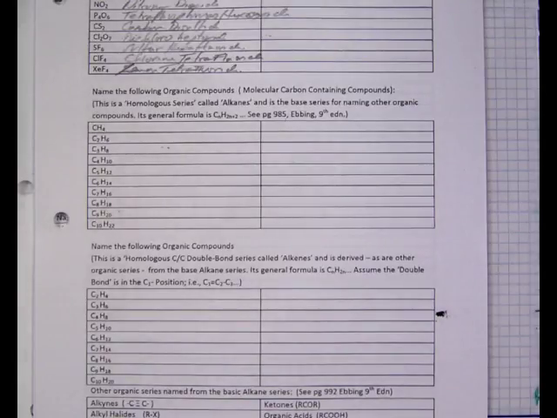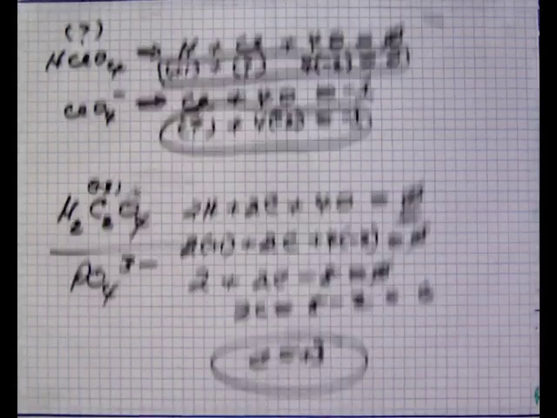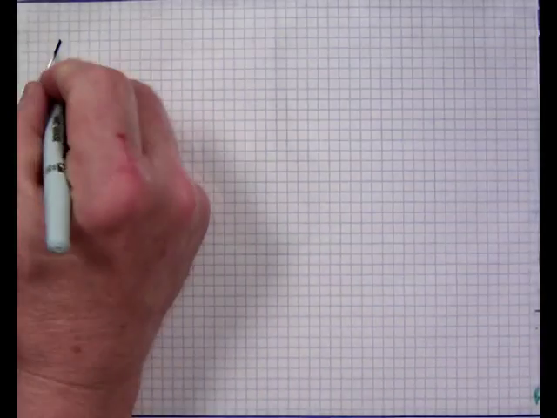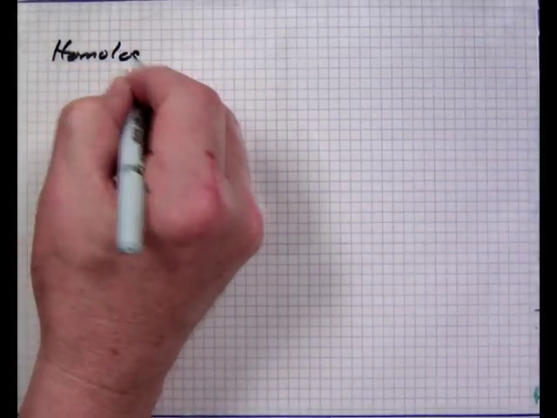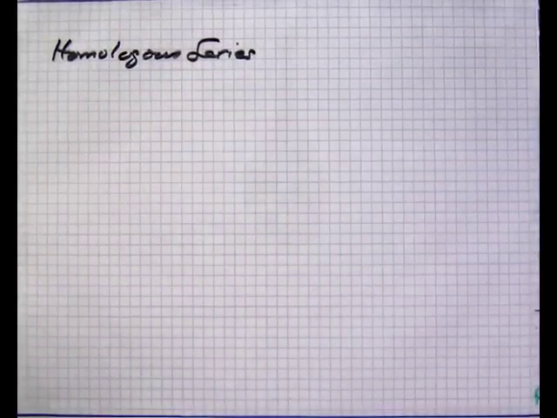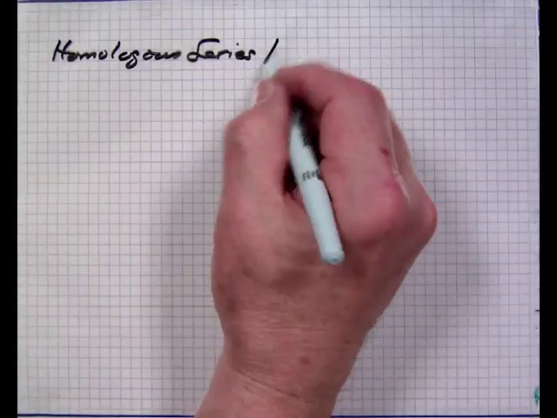The IUPAC nomenclature of hydrocarbons or organic compounds is based on this series. This is the homologous series of hydrocarbons.